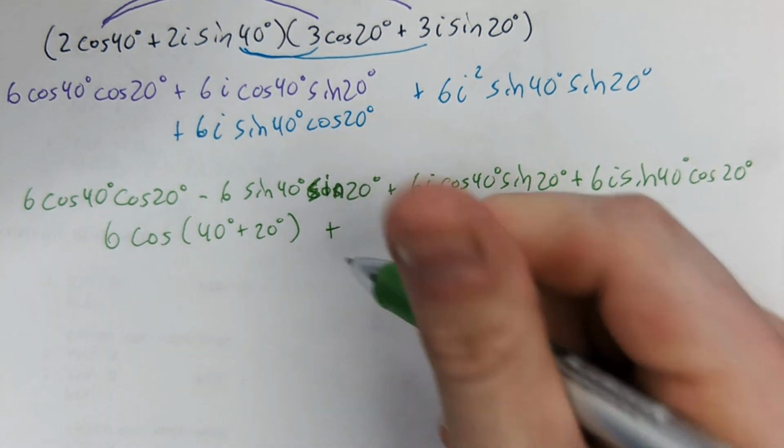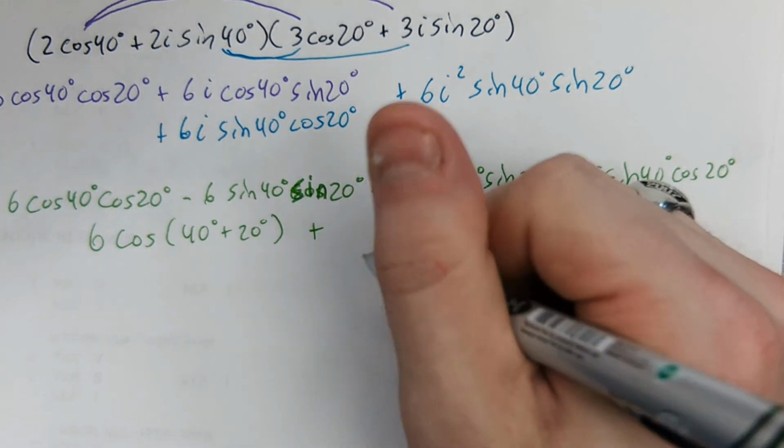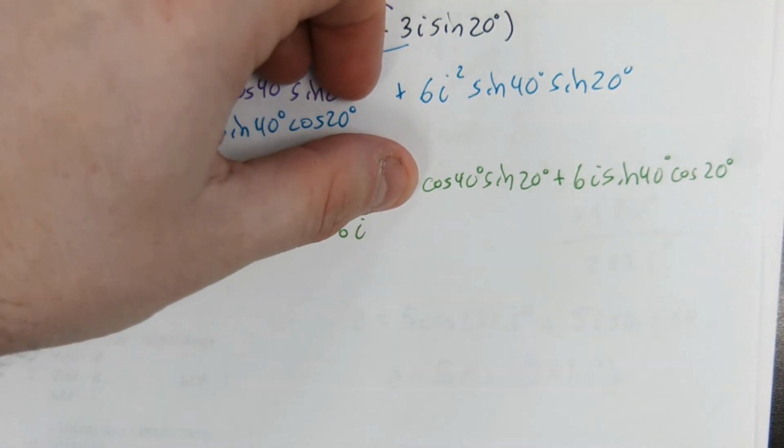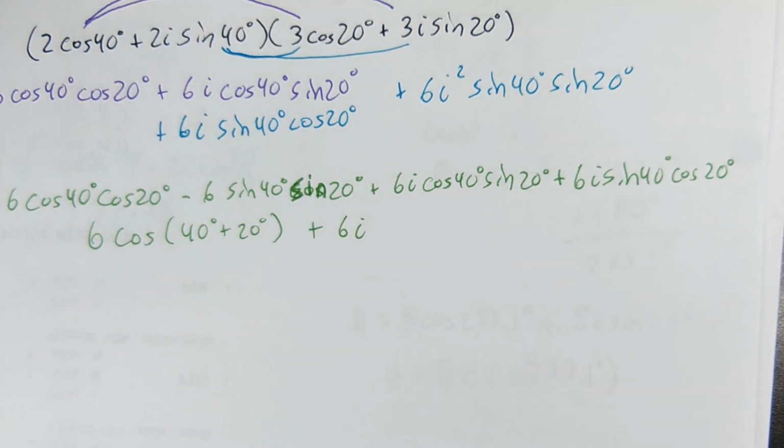And you know what? Check this out. If you pull 6i out of this, it goes cos, sine, sine, cos. That's the sine addition formula.